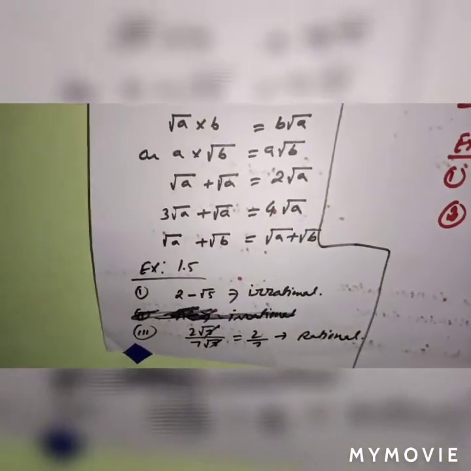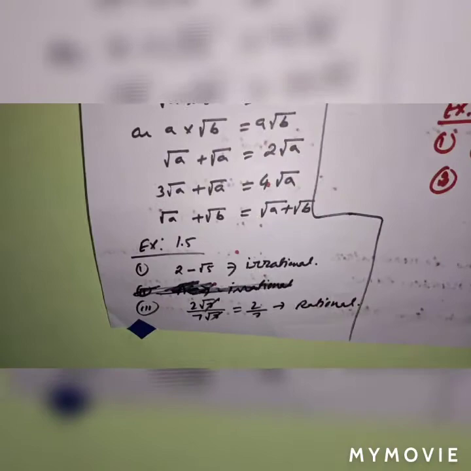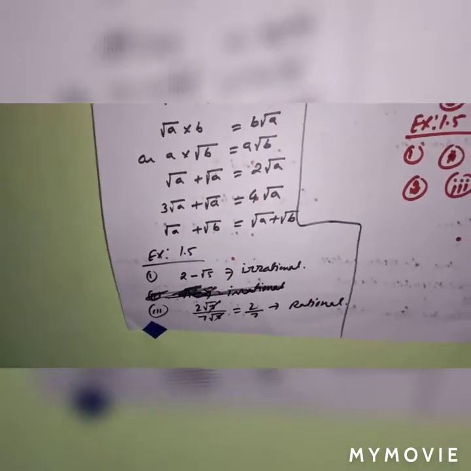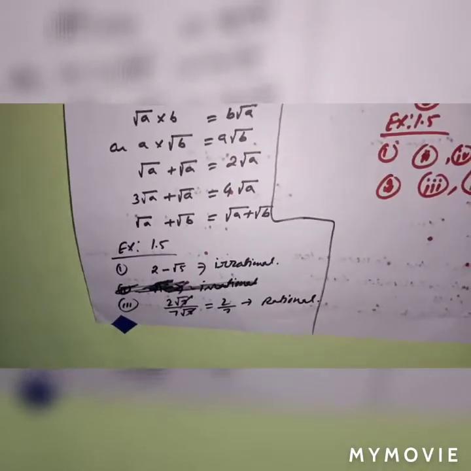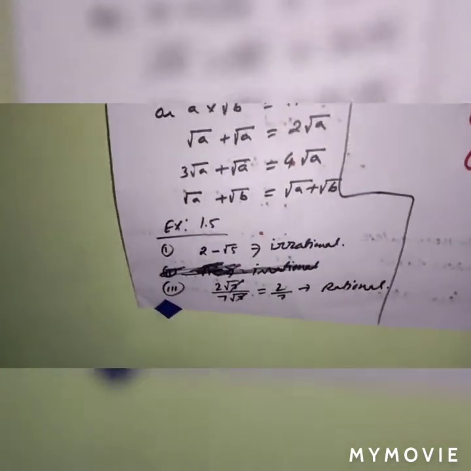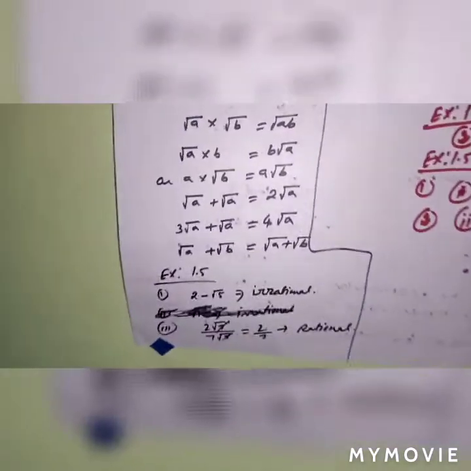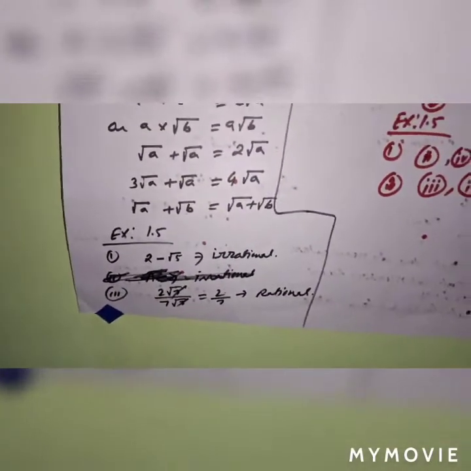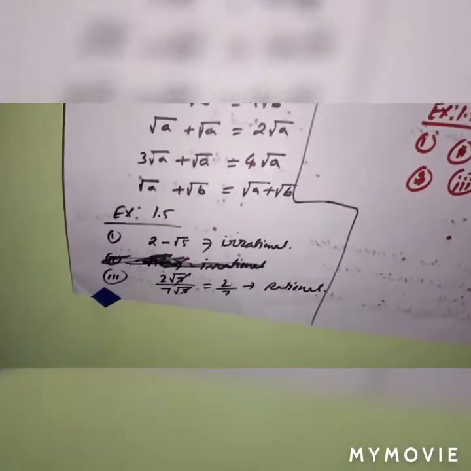Or if an irrational number is added with a rational number, then also irrational. So I repeat, maybe you are getting confused. If an irrational number is subtracted from a rational number, it will become irrational. If an irrational number is added with a rational number, it will again become irrational.